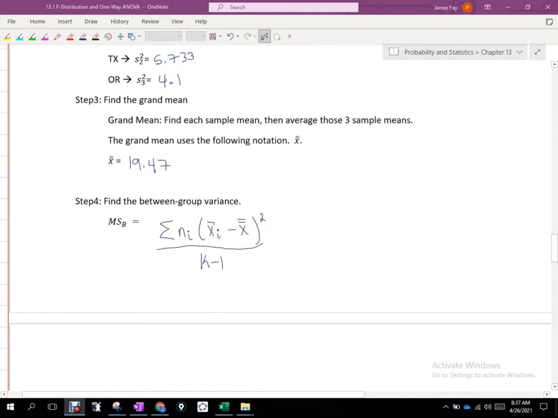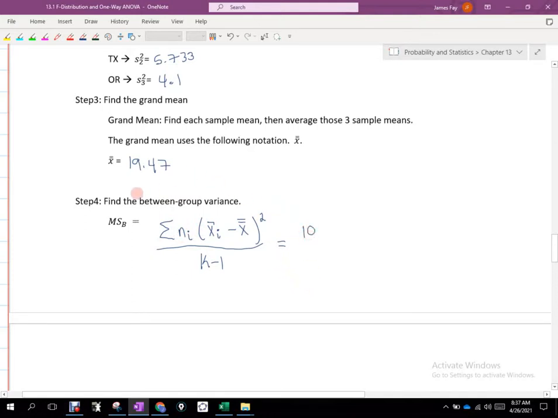The way we do that is we take the sum of n sub i. n sub i is the sample size. n always refers to the sample size, and it's of the ith sample. That's how we read that. So if i is 1, we're looking at the sample size of the first sample, which was 10 objects.